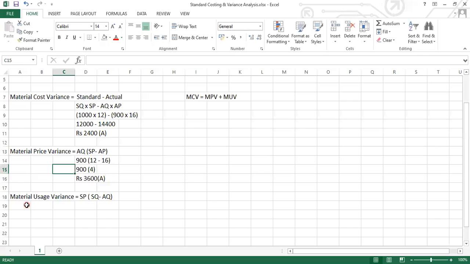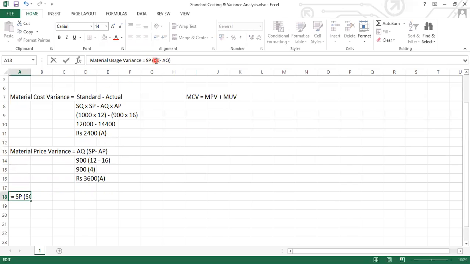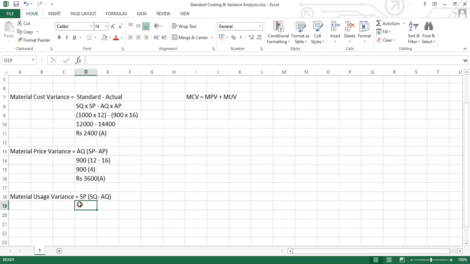Now next one will be material usage variance. So what is the formula? Standard price into, in the bracket, standard quantity minus actual quantity. Usage means quantity. So what is the standard price? 12 rupees. Standard quantity is 1000. Actual quantity is 900.